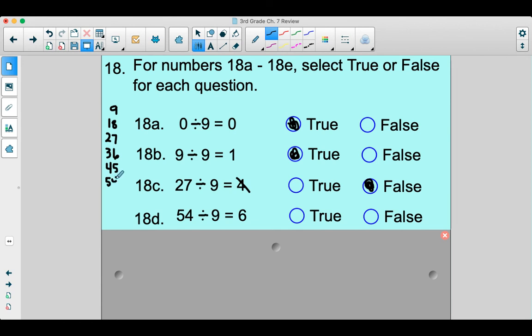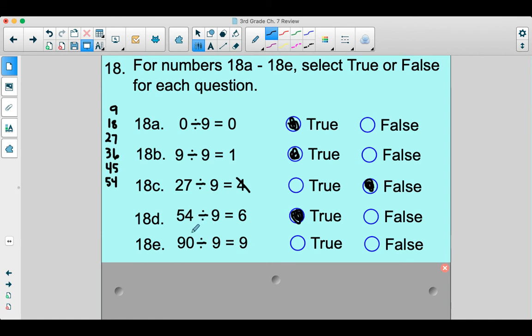Some kids like to write them going down because we can see lots of patterns. 9, 8, 7, 6, 5, 4. 1, 2, 3, 4, 5. So let's see. We counted by 9 how many times? 1, 2, 3, 4, 5 times. Wait. 1, 2, 3, 4, 5, 6 times. And we got to 54. So that one's true.